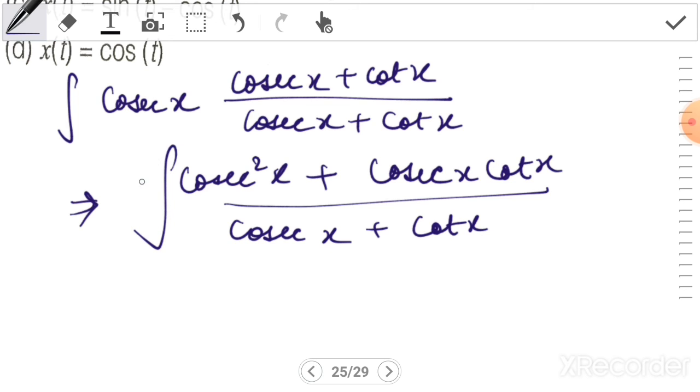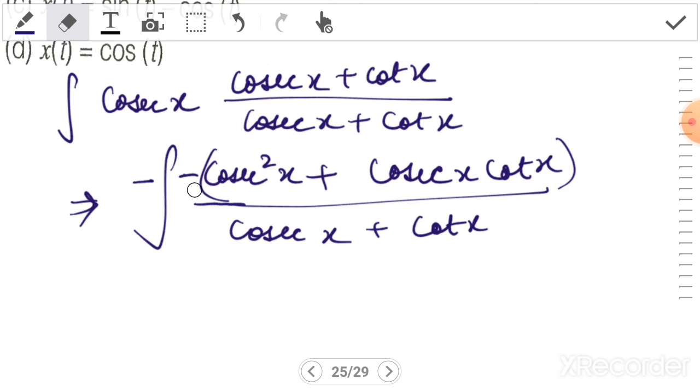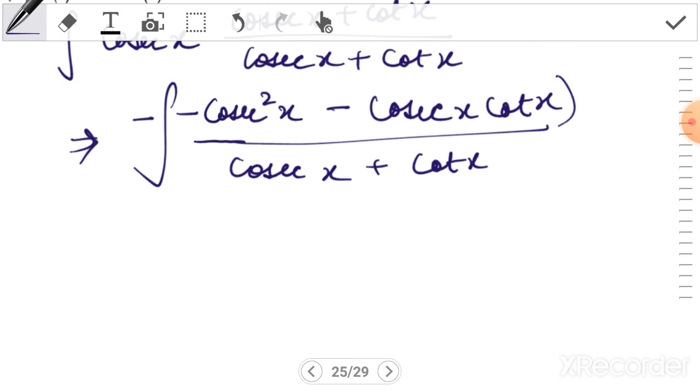Now multiply by minus 2 times minus cosec square x, okay, and that will give minus cosec square x minus cosec x cot x by cosec x plus cot x.